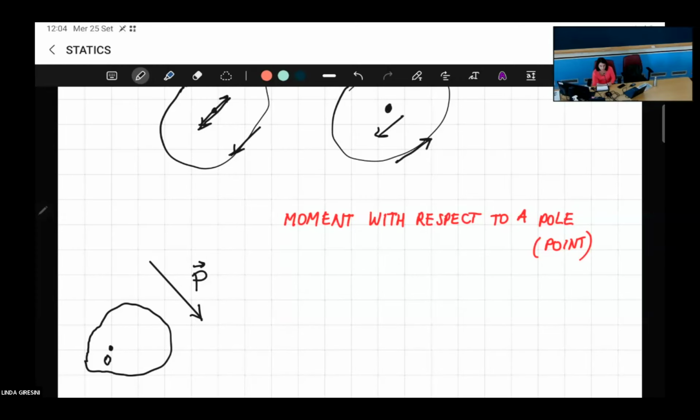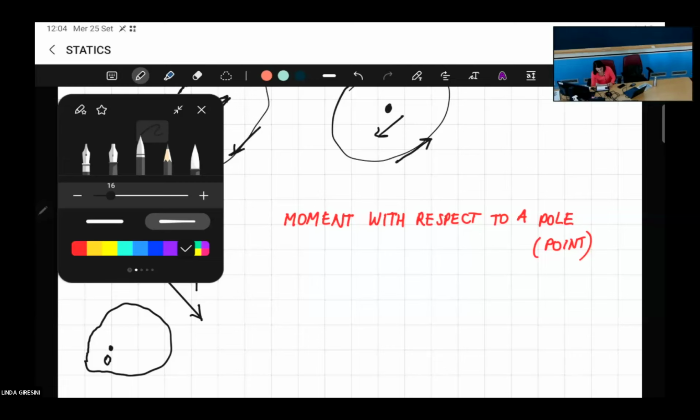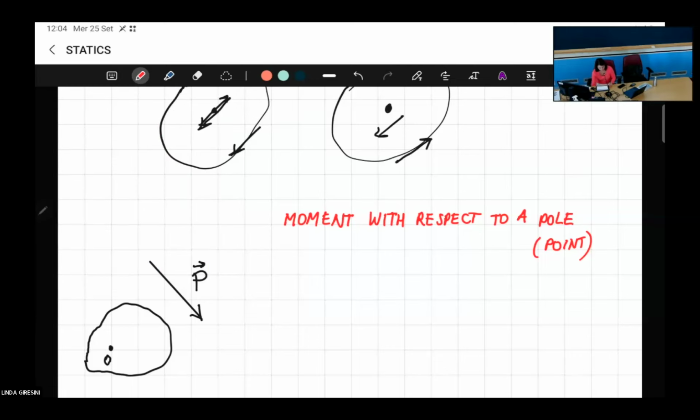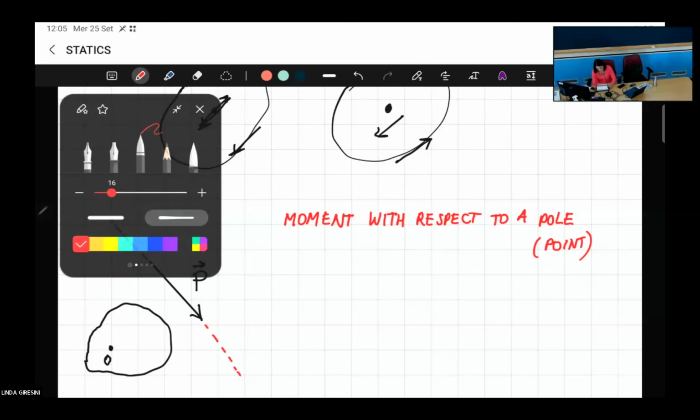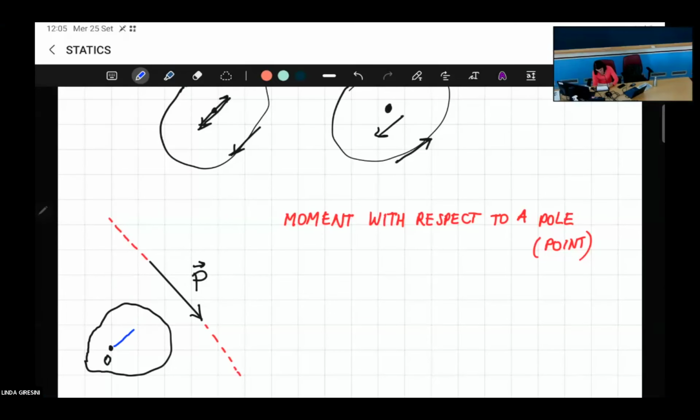So how can we do? We simply apply the formula. The line of action of the force itself is this one. So we need to find the minimum distance from the pole to the line of action of the force. The minimum distance will be this one, the 90 degrees direction. So this is 90 degrees, and this is h.